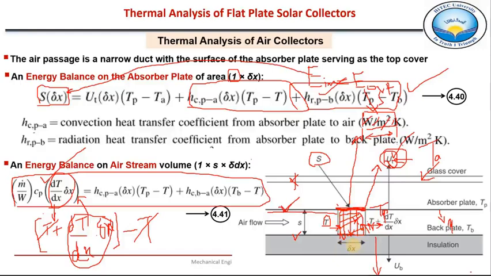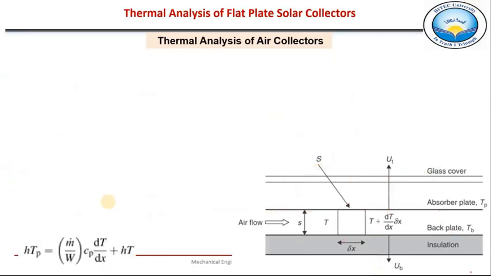So now we shall write the equation for the second or the back plate. Okay, so this is clear, where HCBA and HCPA are already explained, right? Now we shall write the energy balance on the back plate. So now this back plate is our system.